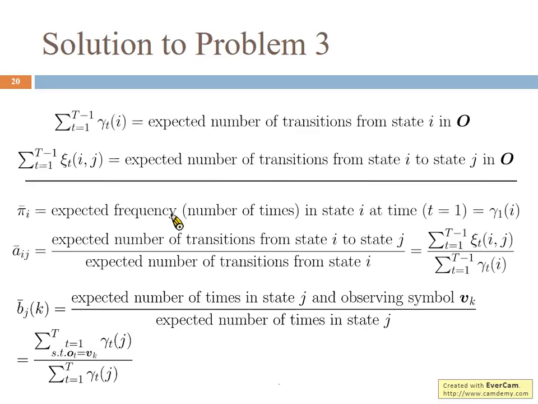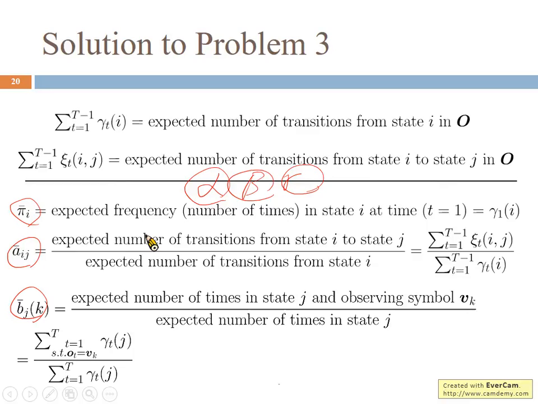And based on the estimated alpha, beta, gamma, then we can estimate new initial probability, transition probability, and observation probability. And with the new pi, A, B, we can again calculate the new alpha, beta, gamma, and then update the pi, A, B, and so on. So this is the so-called expectation maximization algorithm.